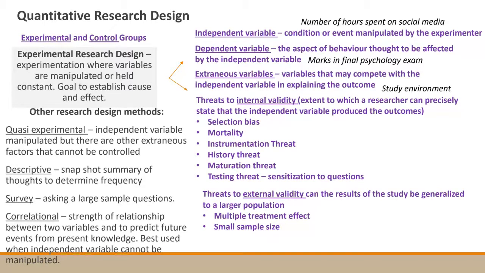There can be correlational research, which we'll speak about, which is a design set up to look at the relationships between 2 variables and predict the future. That's best used when the independent variable can't be manipulated. Those are different types of design that we get in quantitative research, and we focus here on the experimental design.